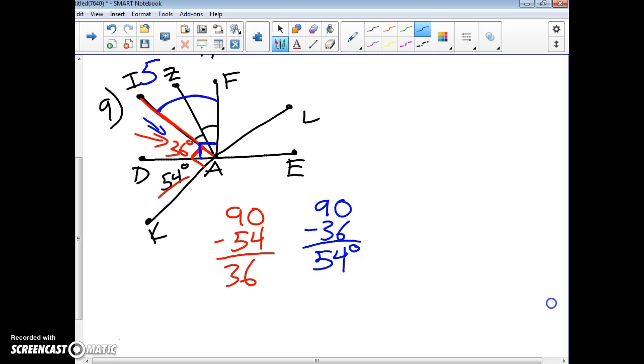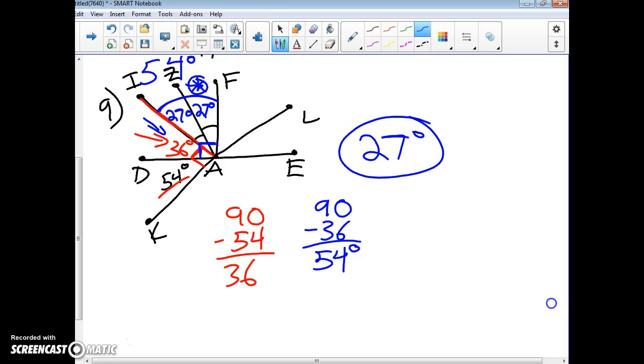So this whole big angle up here is 54 degrees. Well, it's been cut by an angle bisector, which means I need to slice that 54 in half, so that's 27 and 27. And the problem was looking for that angle right there. So the answer to the measure of angle FAZ is 27 degrees.